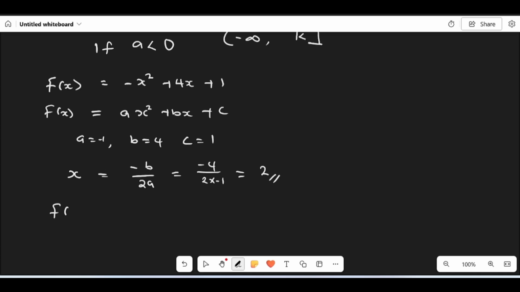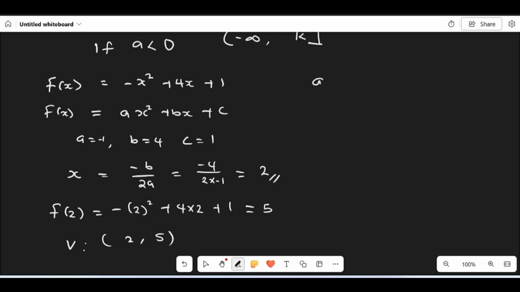That means f(2) equals minus (2) squared plus 4 times 2 plus 1. If we simplify everything, our value is 5. That means the vertex point is (2, 5).